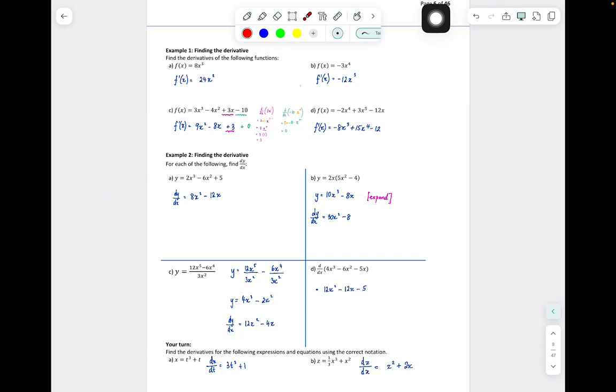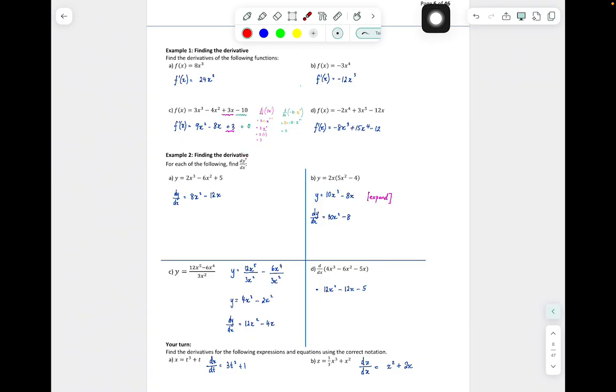The x disappears completely. Notice at the front here for each of these examples, f of x, after you start applying the power rule, it becomes f dash x.